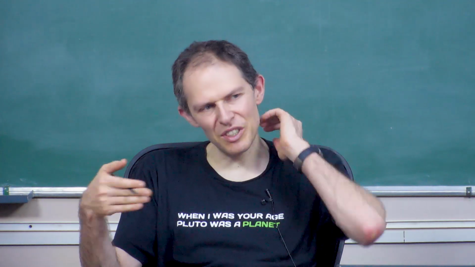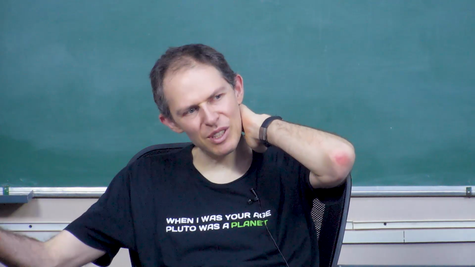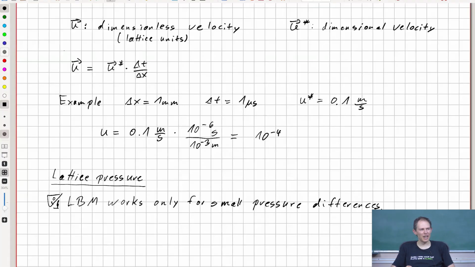Later, when we do the asymptotic analysis again, we'll see that the pressure in the Navier-Stokes equation arises from the second order moment, but it arises from the equilibrium of the second order moment, and the equilibrium of the second order moment depends on the zero moment through this equation of state, such that we assume, not completely correctly, that the zero order moment is equal to the pressure. Actually, not equal to the pressure, but equal to 3 times the pressure due to the speed of sound.